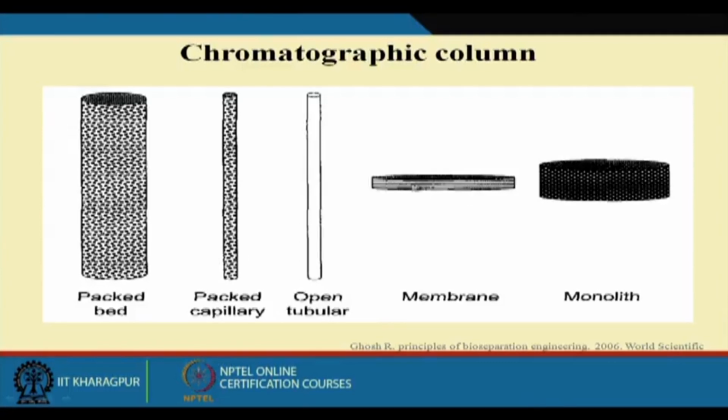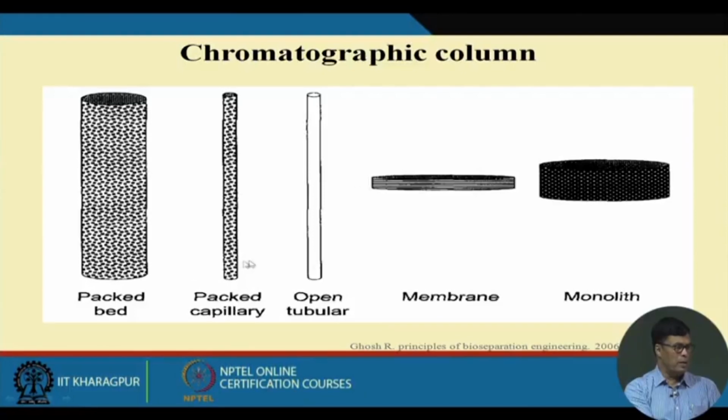The capillary column is quite long, and when the sample passes through this capillary column, the different components present will be separated from each other. The packed column is usually made of stainless steel, and the capillary column is made of polymeric material. The packed column is comparatively a bit shorter, and the capillary column is very long.